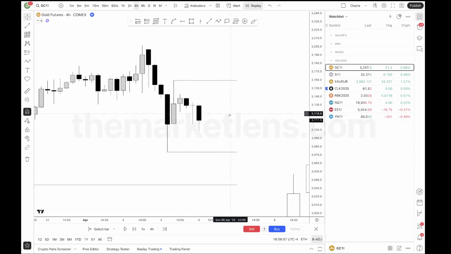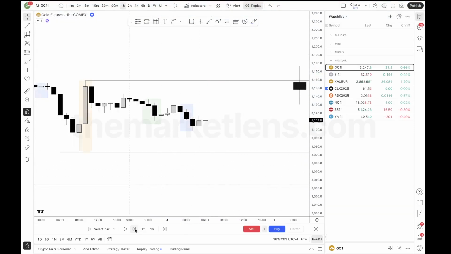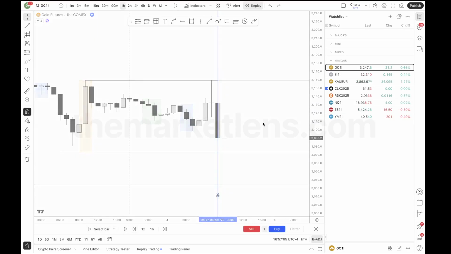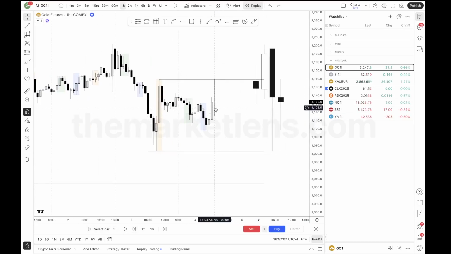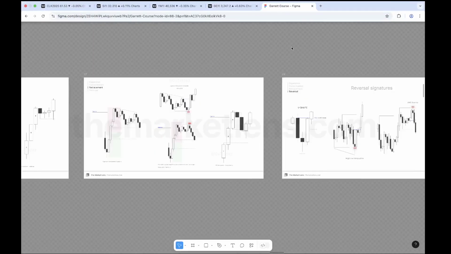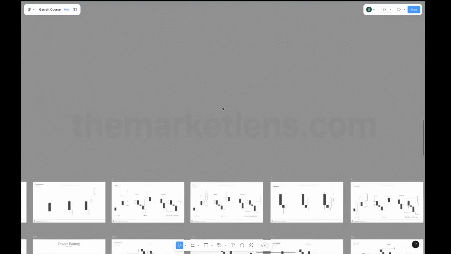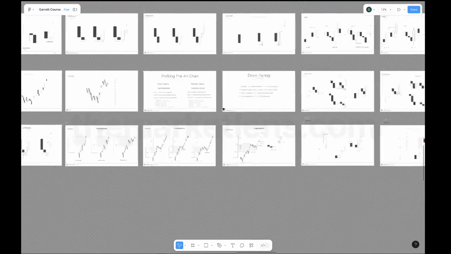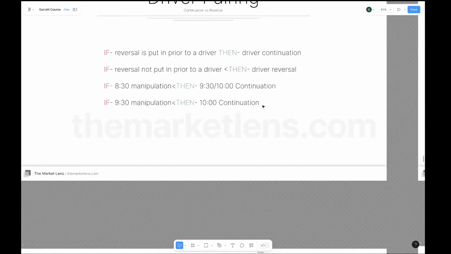How do we want to leave a consolidation range? Ideally, we want to manipulate, right? So that's what we do here. Right here, and this is prior to the driver, which is in a P. So let's go back to this if-then scenario. Again, all these things repeat every single time, right? So look here.